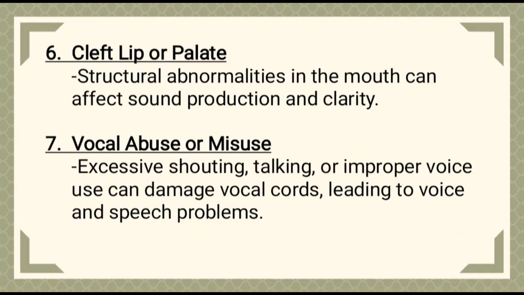We also have cleft lip or palate, where structural abnormalities in the mouth can affect sound production and clarity. Number seven, the last one, is vocal abuse or misuse, where excessive shouting, talking, or improper voice use can damage vocal cords, leading to voice and speech problems.